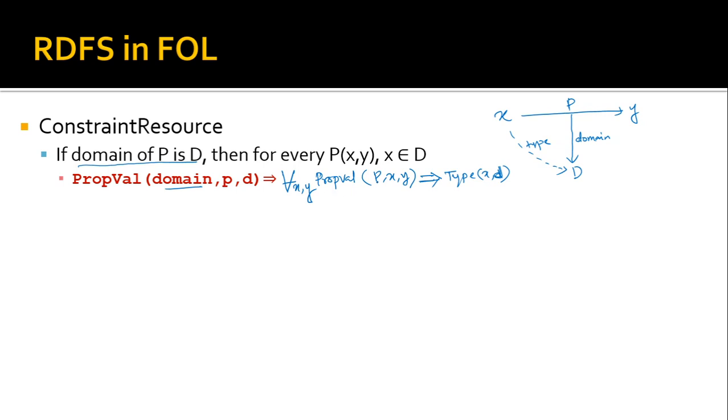So for all x, y, P(x, y) should imply that x is of type D.